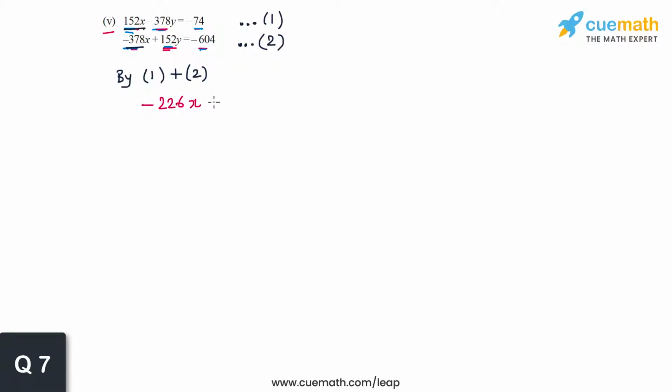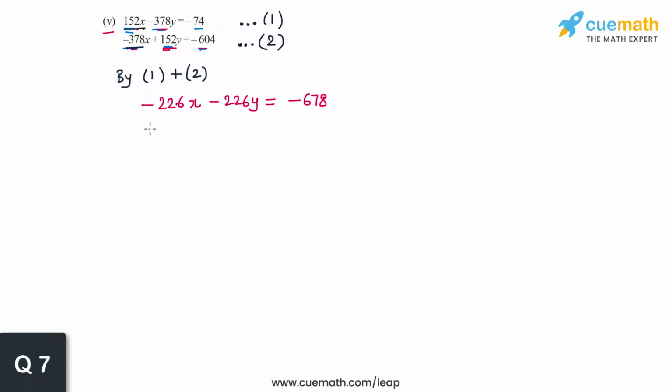That will give me minus 226y. And on the right side, I will get minus 74 plus minus 604, which will be minus 678.